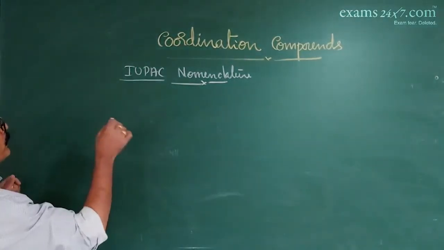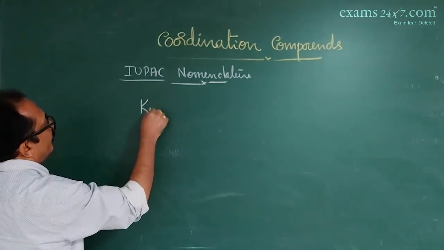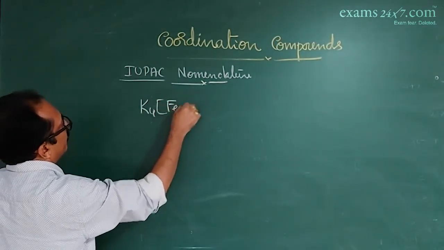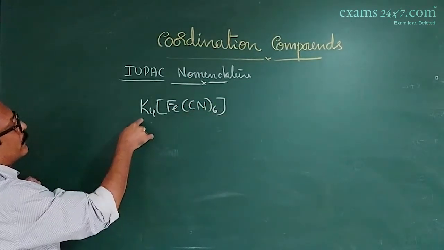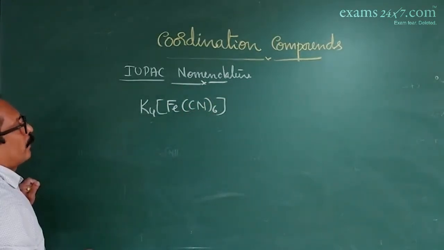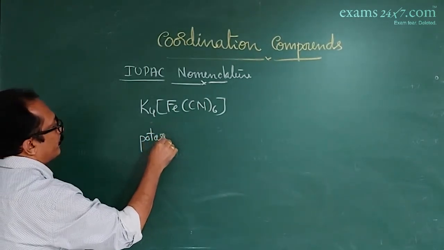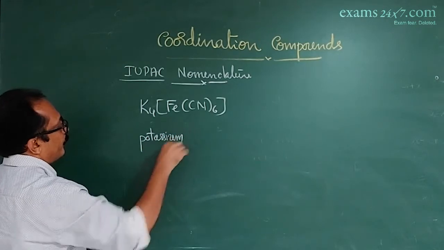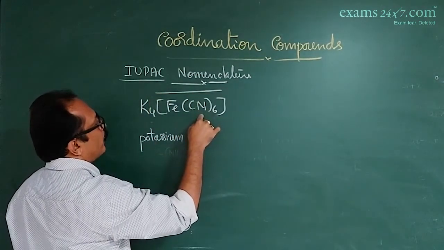Now, we'll go for the first one, K4[Fe(CN)6]. This is the cation, so potassium. This is the complex ion. Here first preference is given to the ligand.